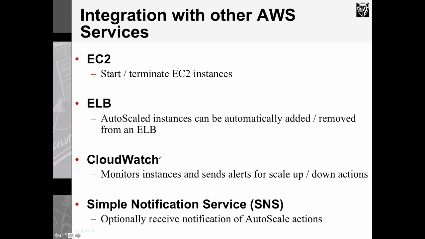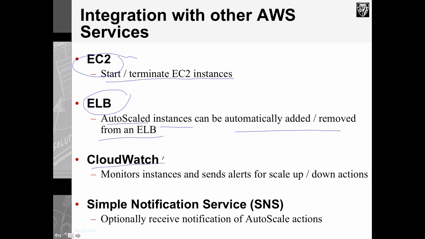So autoscaling integrates with other AWS services. Obviously, it integrates with EC2. It starts and terminates EC2 instances when certain conditions are met. It integrates with elastic load balancers. So when autoscaling starts new instances, they can be automatically added to or removed from elastic load balancers.